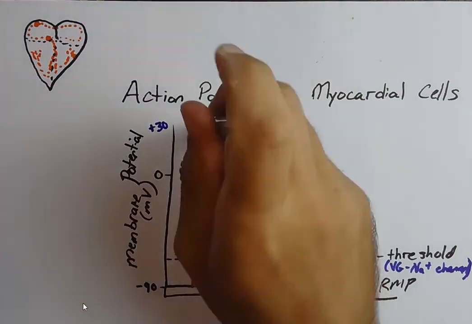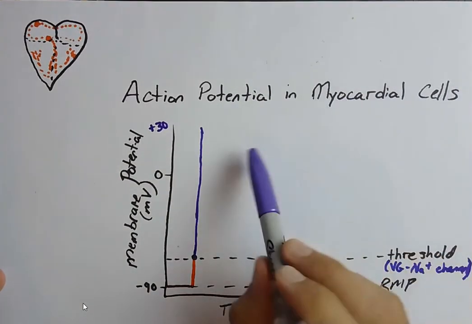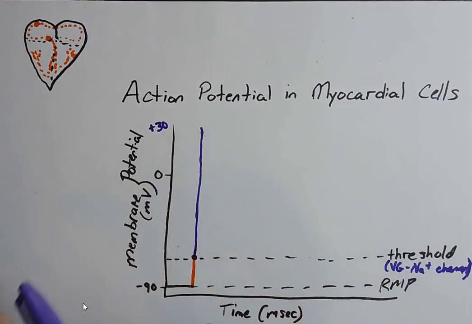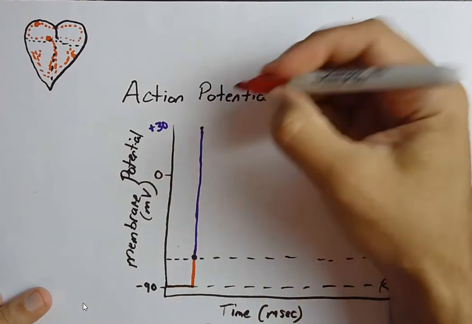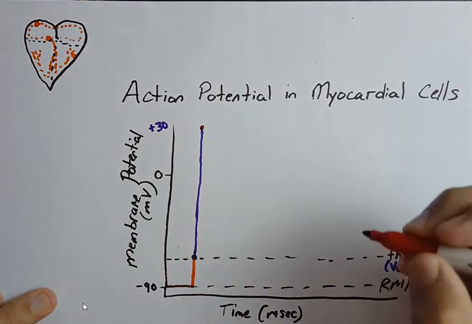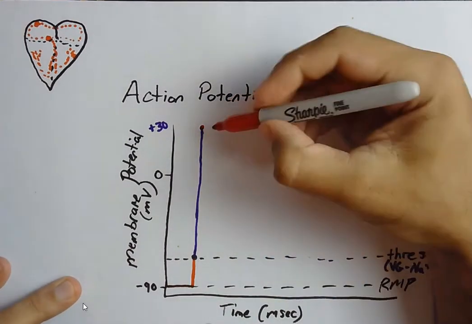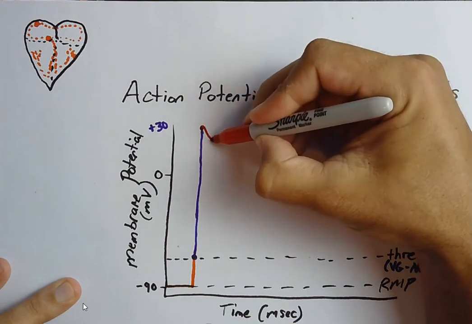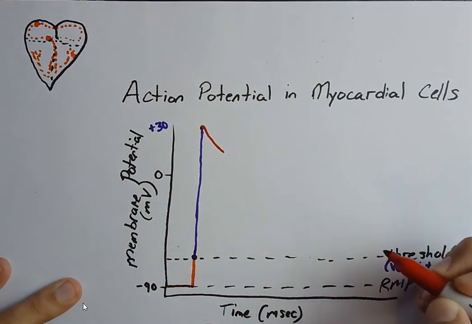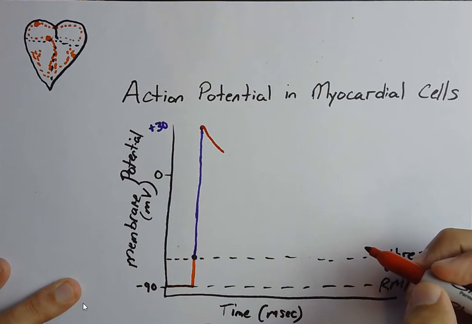At the peak of the action potential for the myocardial cells, the voltage-gated sodium channel has to close. So that's going to be the next thing that happens, is that this voltage-gated sodium channel closes and something else opens. Repolarization in all the other action potentials that you looked at is driven by a voltage-gated potassium channel, and it's no different here.